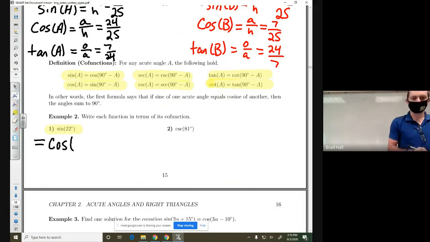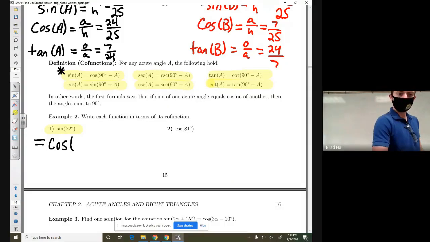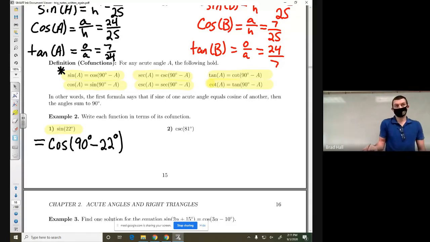And so what does the formula tell us to do to go from sine to cosine? It says, write down 90 degrees no matter what, and then subtract from that whatever angle was there before. That's what the formula says. I'm just following exactly what that formula says that I put a little asterisk next to.